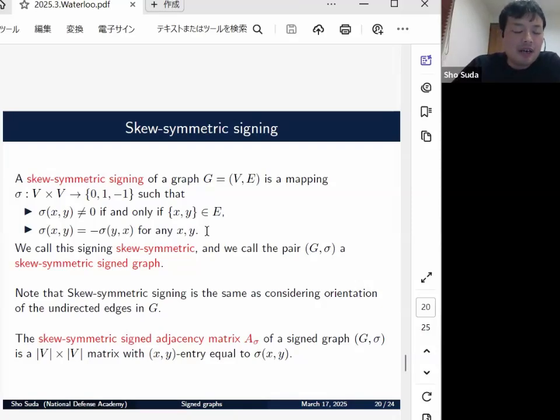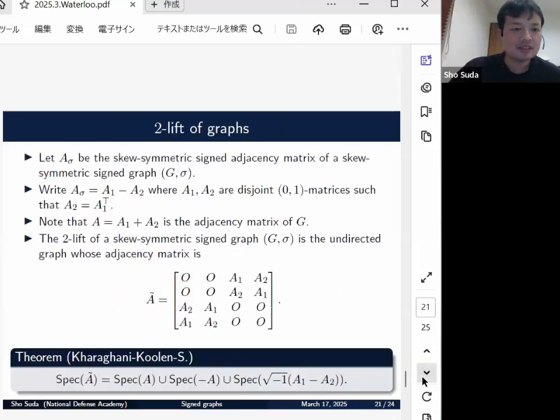That's why I call this concept skew-symmetric. But this skew-symmetric signing is exactly the same as considering an orientation of the undirected edges in our graph G. Also, this is the definition of the skew-symmetric signed adjacency matrix, as you guess.